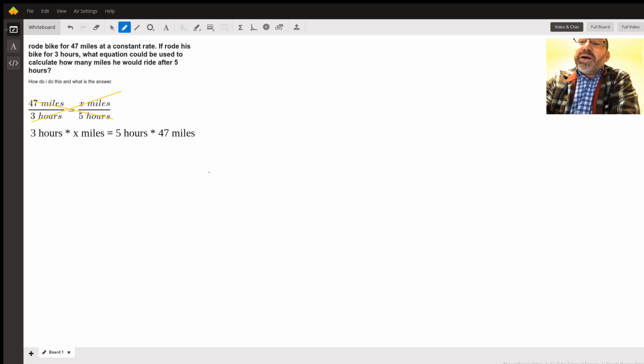So I'm going to switch back over to a dark color so you can see again, and go back to the pencil tool, and let's write this out. So what we'll end up with is 3 times x equals 5 times 47.